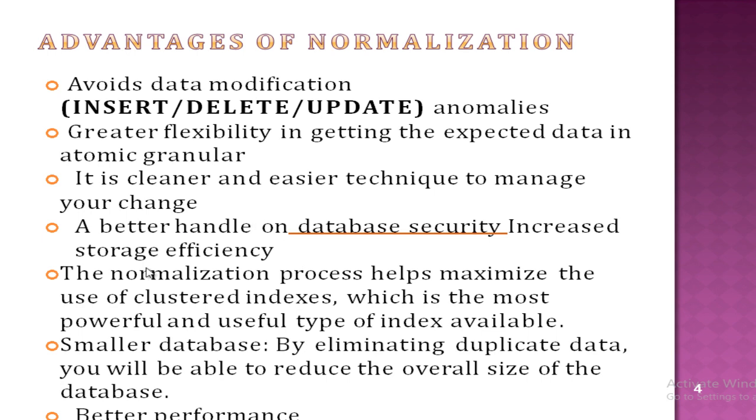The normalization process helps to maximize the use of the clustered index, which is the most powerful and useful type of index available. A smaller database: by eliminating duplicate data, you will be able to reduce the overall size of the database. Then better performance.